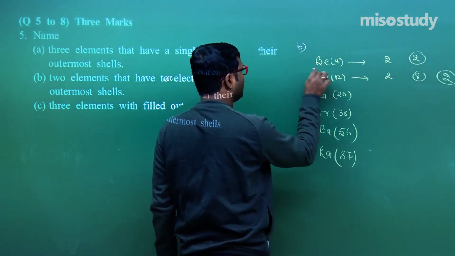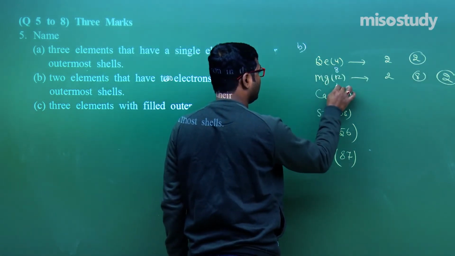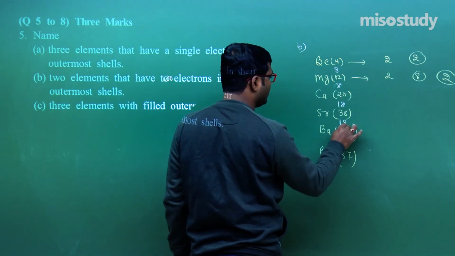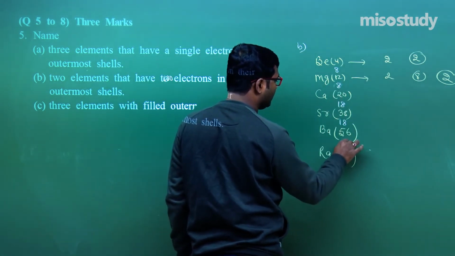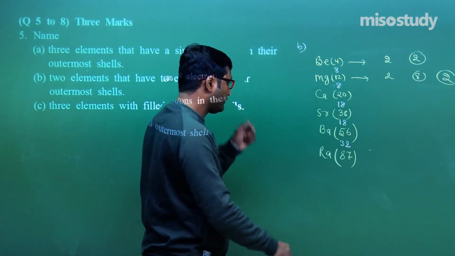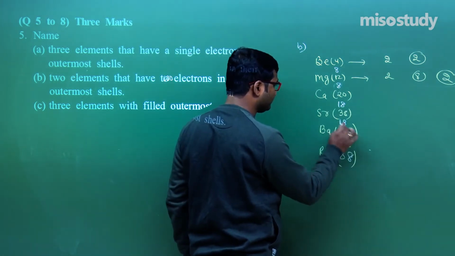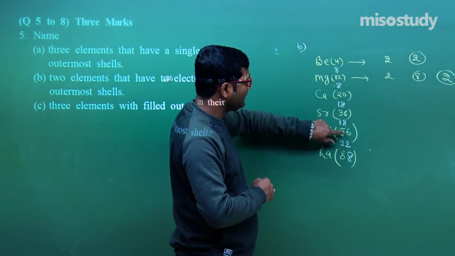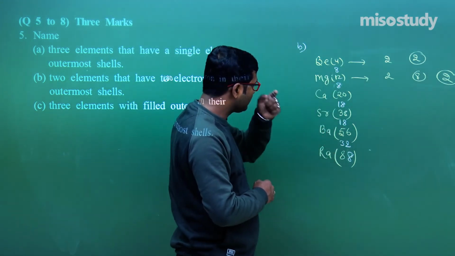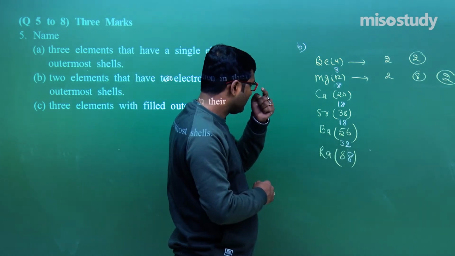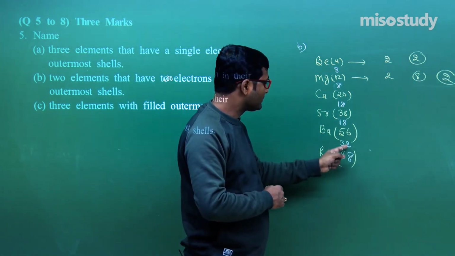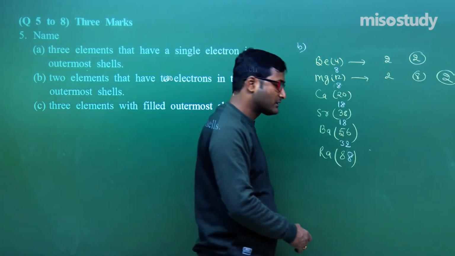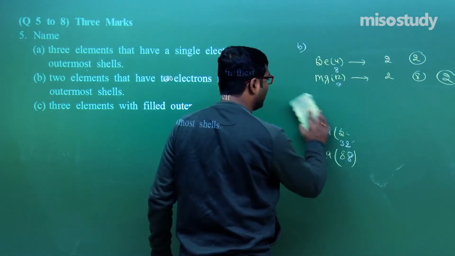We know the magic numbers, that is 8, 8, 18, 18 and 32. Check it out: 12, 20, 38, 56, then there comes 88. They all will have 2 electrons in the outermost shell, and they are called alkaline earth metals.